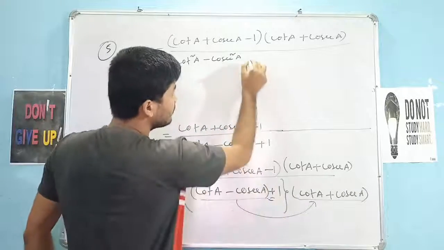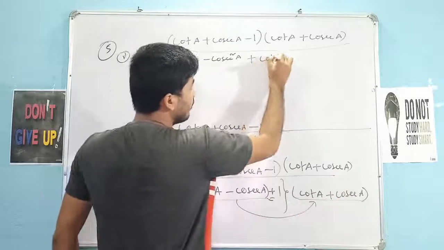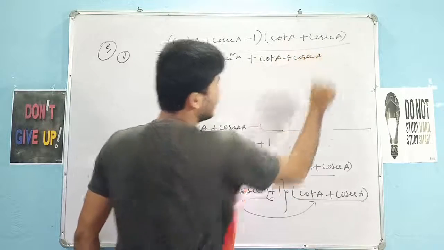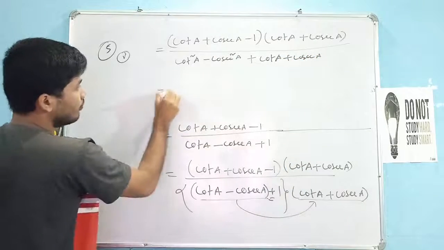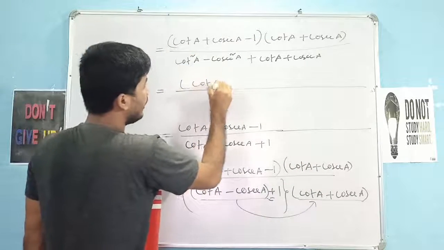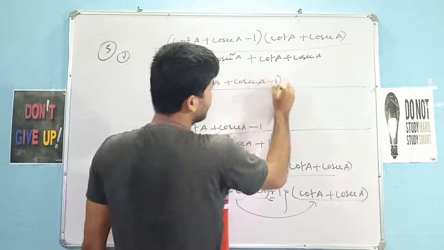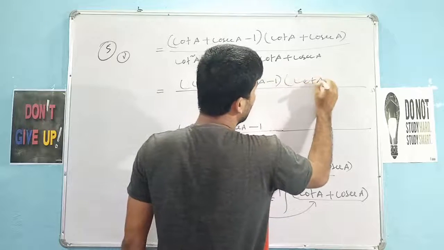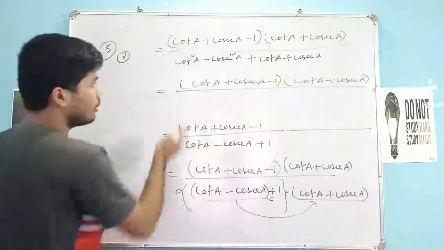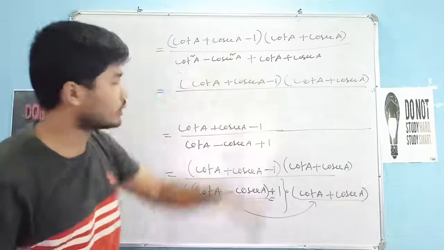Plus 1 into this one, that is cot A plus cosec A. Awesome. Okay, the upper part we keep the same: cot A plus cosec A minus 1 into cot A plus cosec A. Now look here.